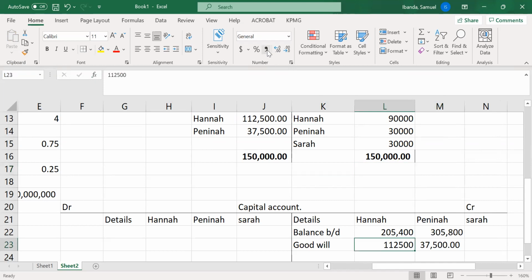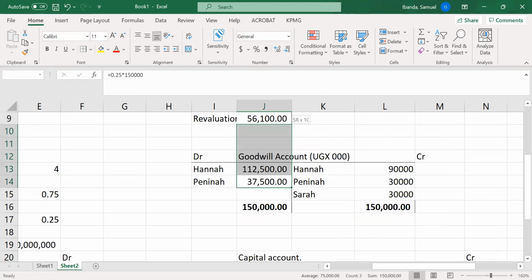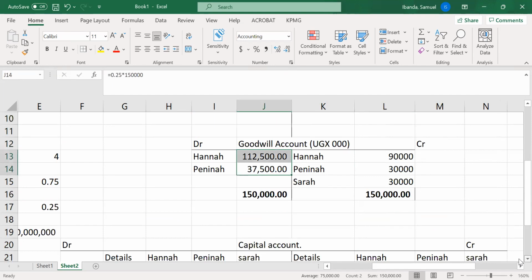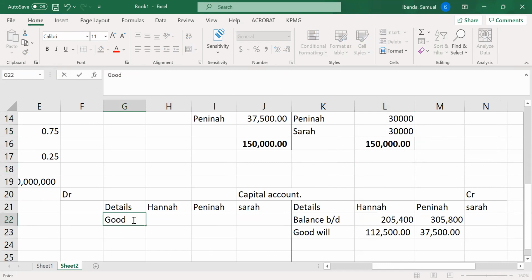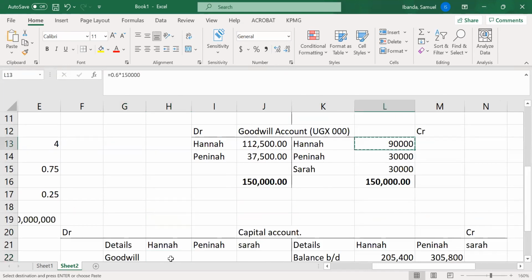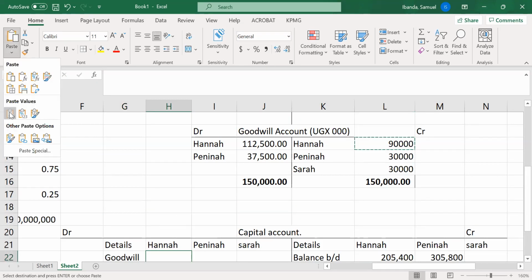So that is what the credit will be. Now, in the same way, goodwill is also shared by the new sharing ratio, and you come and put this on the debit side. This is the double entry.